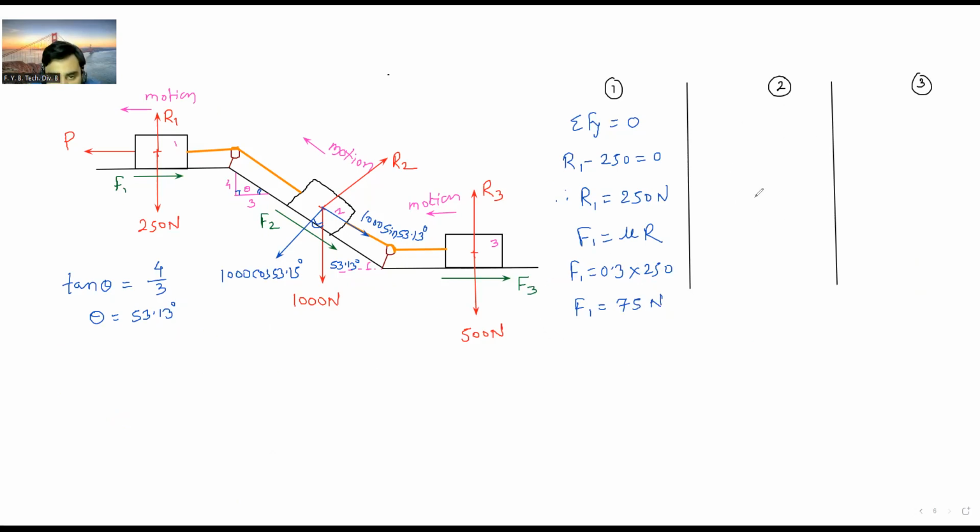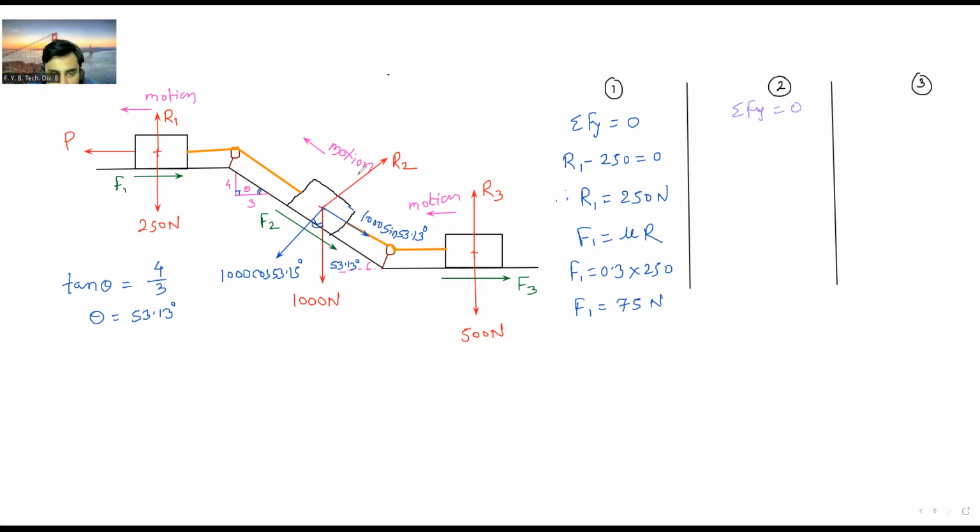Similarly for block 2 now. This is for the second block. I will rub this also: first, second, third. Now you know who is first, who is second, who is third, serially 1, 2 and 3. So for the second block, if I apply summation Fy equal to 0, this inclined plane is our x-axis and perpendicular to this is our y-axis.